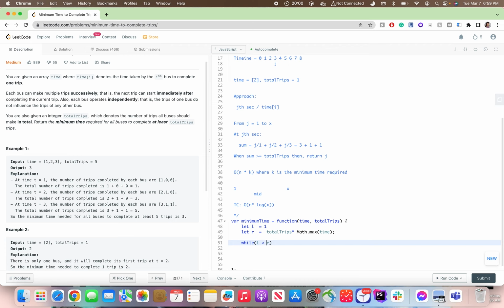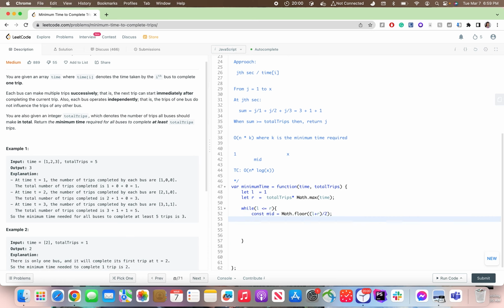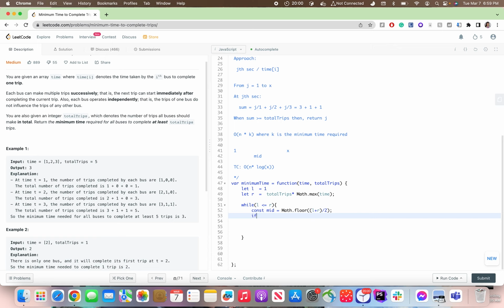While l is less than r, because we are doing binary search, const mid is equal to Math.floor of l plus r divided by 2. Guys, I'm racing against the time. And for const t of time, I'm doing let sum is equal to 0.